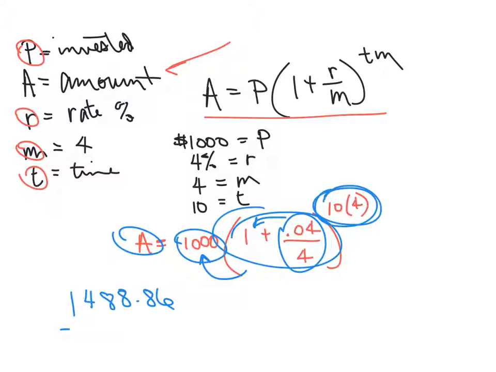So let's take out the $1,000 you put in there and see how much money you have left. Any additional money was the interest that you made. So $1488.86 is how much money you have at the end of 10 years, and $488.86 is how much of that was interest, because the 1,000 you already had.